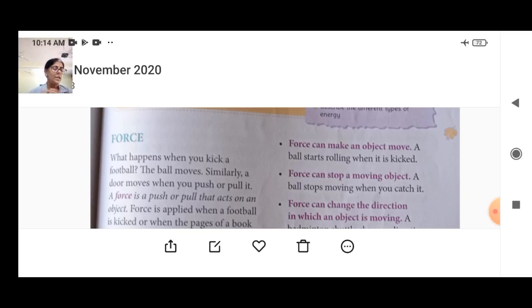Then force can change the direction in which an object is moved. Force direction भी change करता है.